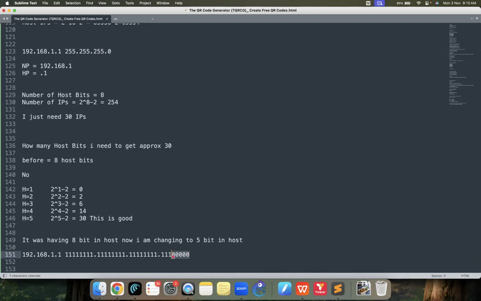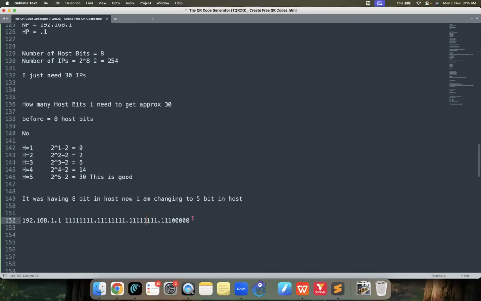The remaining 5 are the host portion. Till now, is it clear? Why did I mark five zeros and 3 ones here? Before we got 8 zeros. Now I need only 5 bits, so I mentioned only 5 zeros instead of 8. The remaining 3 zeros become 1 because it's like a rubber band.